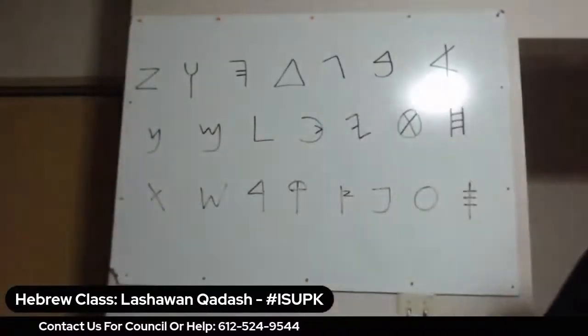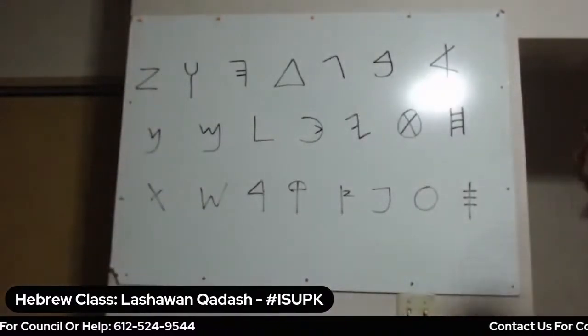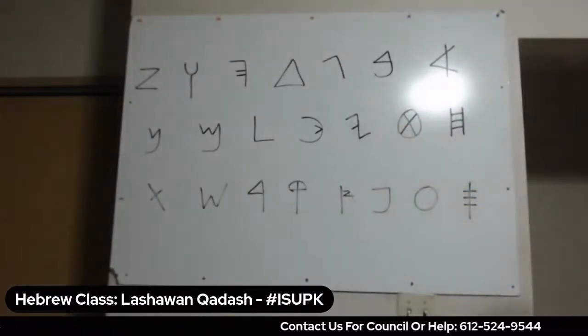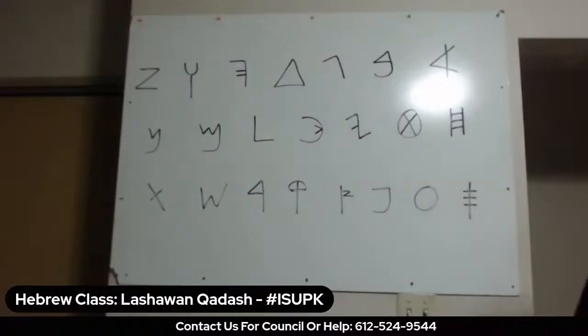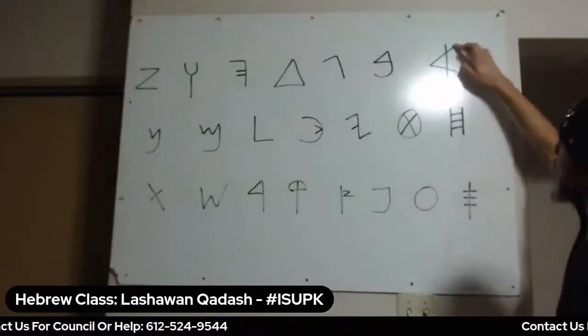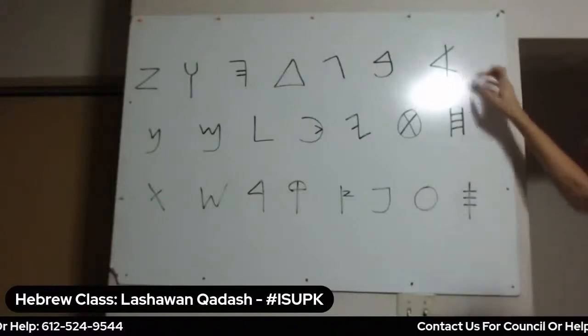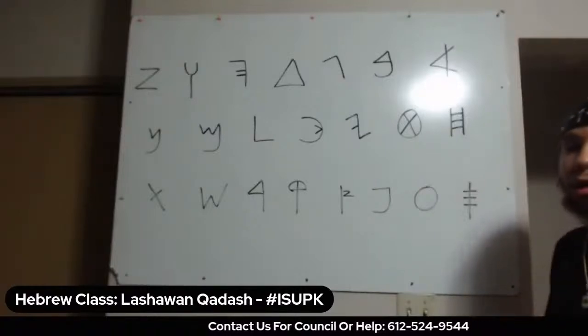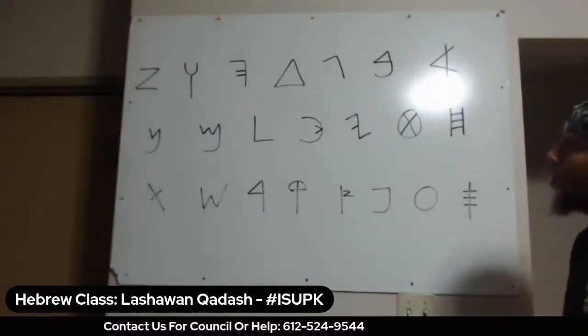Just like any language, we have letters, and we have to identify and know what the letters are in this language. Once again, this is ancient Paleo Hebrew, and this is the language for so-called Black Hispanics and Native Indians, or so-called Negro, Latino, or Natives.